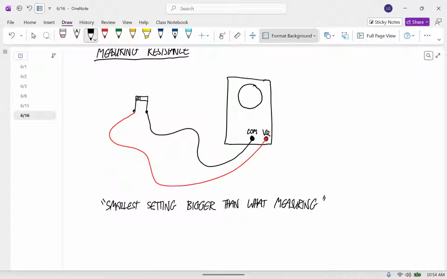We can't use the 200 setting. That's smaller than what we're measuring. So we want to use the 2K, the 2,000 ohm measurement. Now that you have it all in place, rotate your dial to the 2K. Since it's in K, it's going to give you a value in kiloohms. So you're looking for something that's about 0.330 kiloohms.